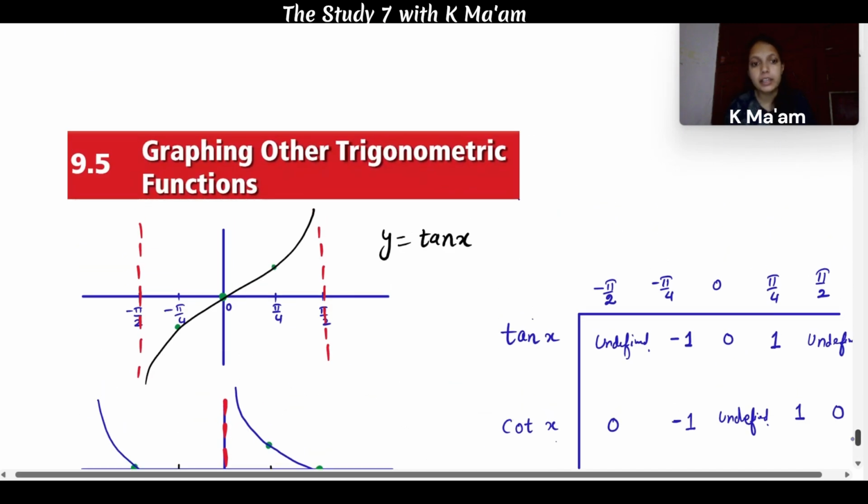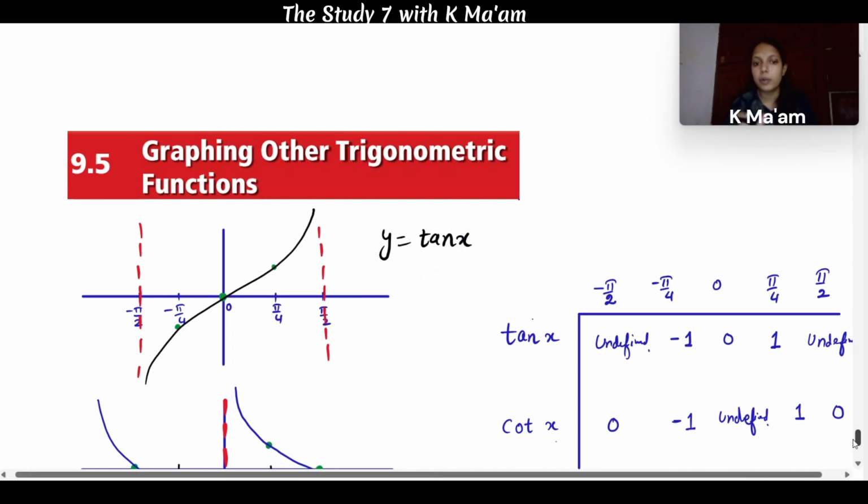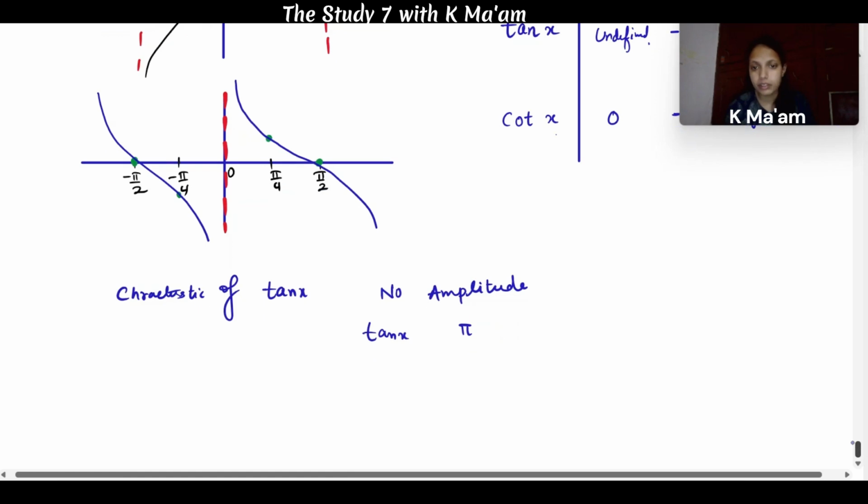You can see it starts at negative pi by 2 and goes to pi by 2. If you draw again, the curve will be like this. So one complete curve is defined from negative pi by 2 to positive pi by 2. So the length is pi. Amplitude: none. Period is pi.